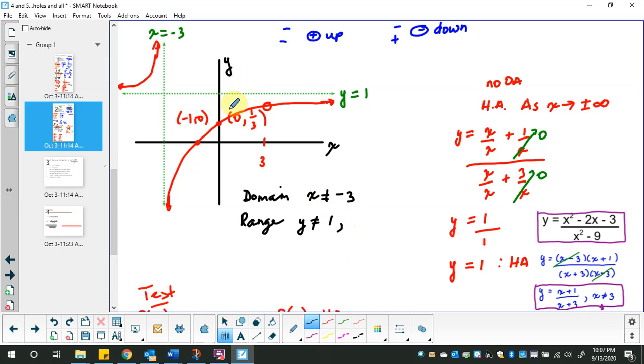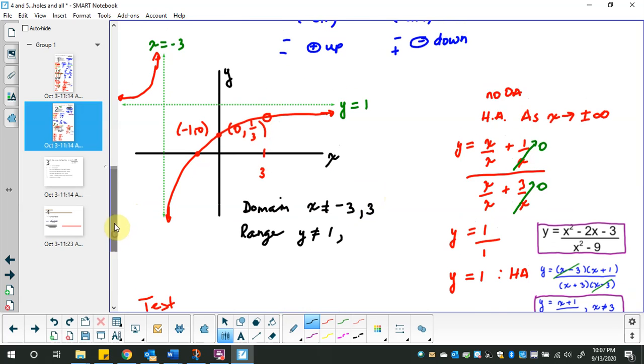And we actually don't touch this. But I don't know what that value is. So if I ask you the range and all you've got is the x value of the hole, then you don't have a number to put in here. So, oh, my mistake. We skip over that x value.